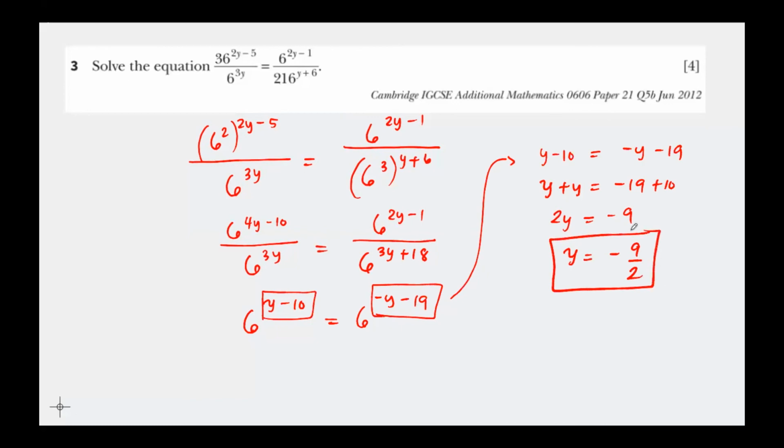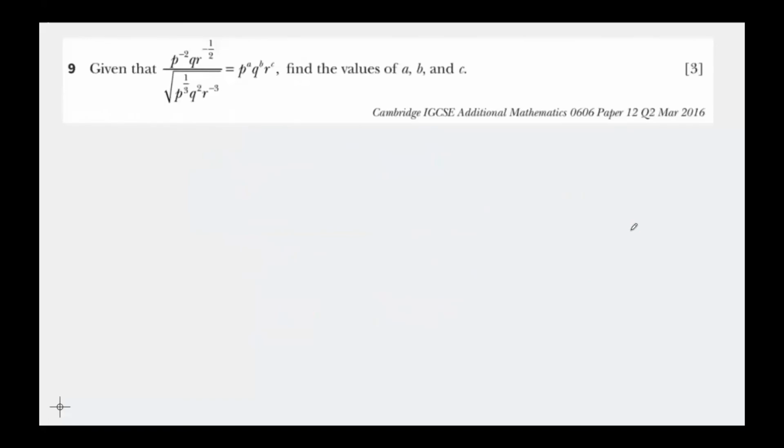Okay, and for the last one, what if you're dealing with surds? So it's actually the same process. If you notice, what we want is to solve for A, B, and C, and this is the right side of your equation. So what it means is that we only need to simplify the left-hand side.